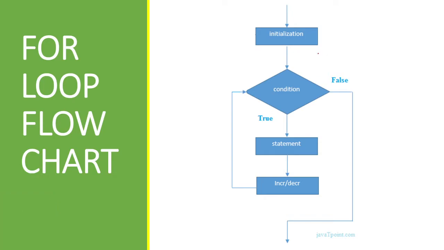po, nagbigay tayo ng set of initialization sa kanya. So, let's say, si initialization natin, nag-start siya from 0. Then, meron tayong sinusunod. Let's say, ang equivalent niya is 5. So, naglagay tayo i is equal to 0 or initialization is equal to 0.